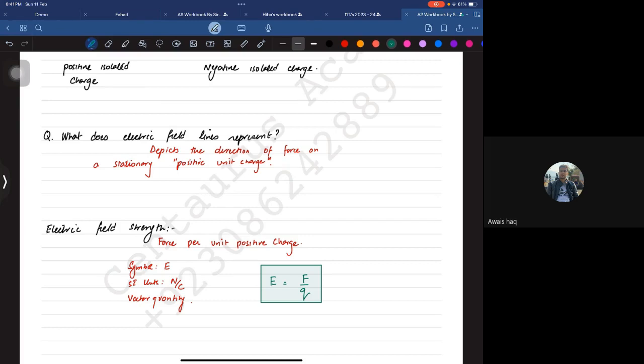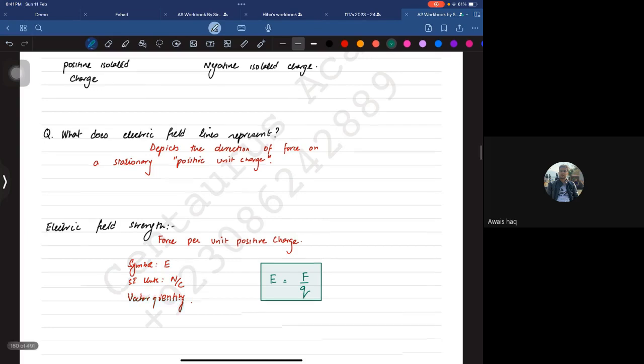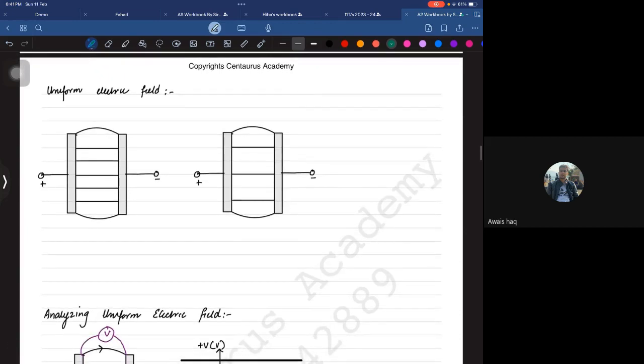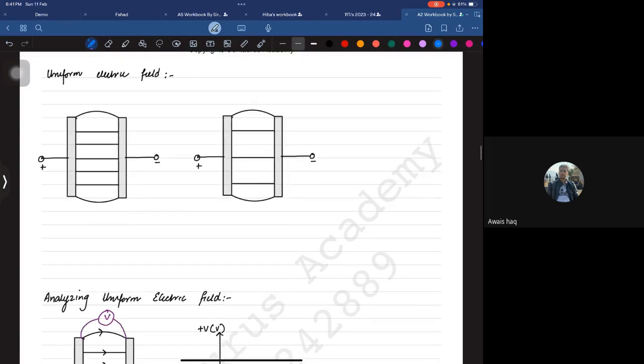The next thing we got to look at is the uniform electric field. Now, in a uniform electric field, you guys should understand that number one, all lines between the plates are straight.